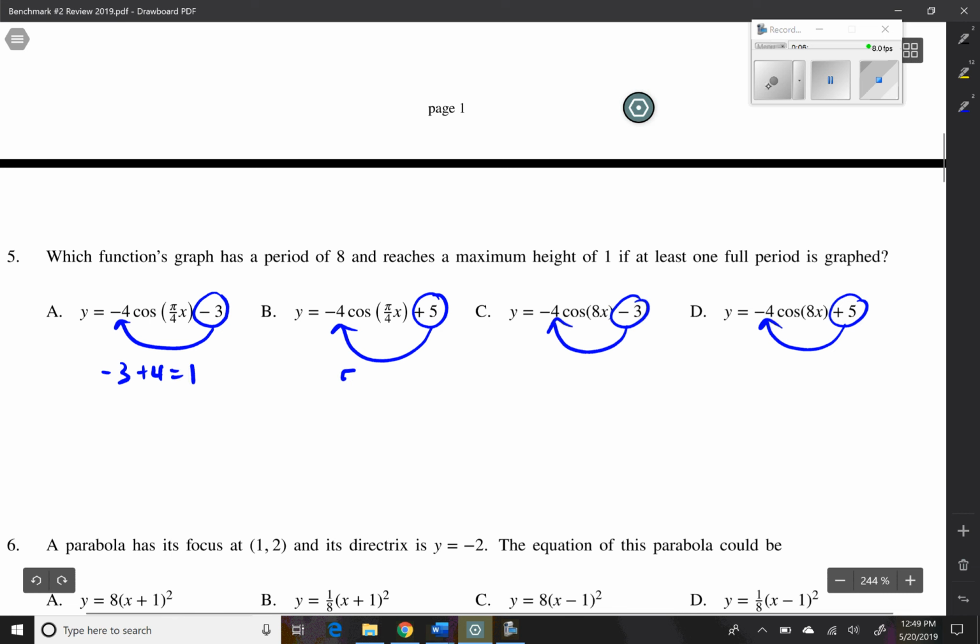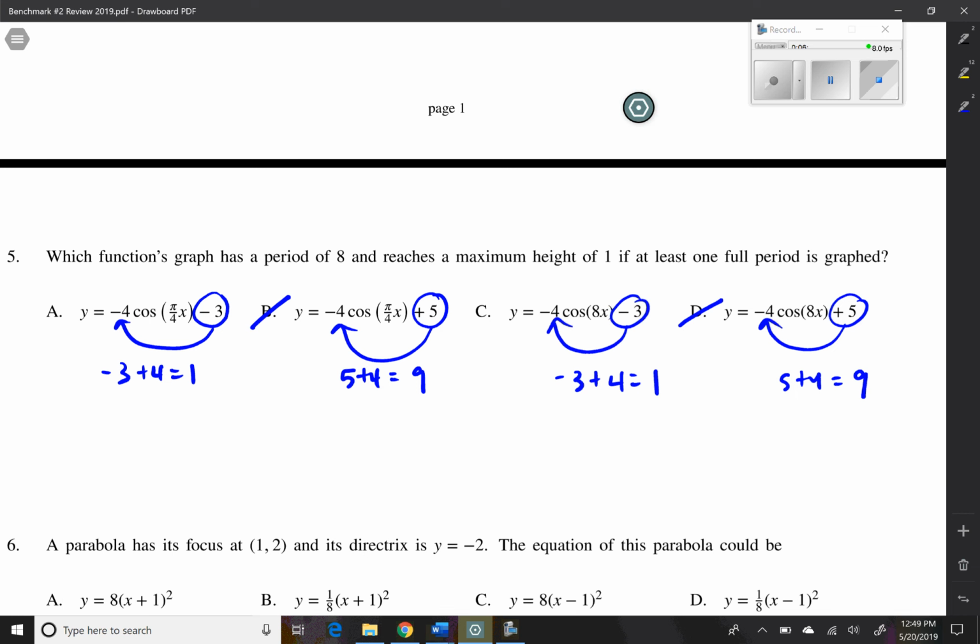If I take 5 plus 4, that would give me a maximum of 9. So right away, C and B are not good. They don't even have the right maximum.